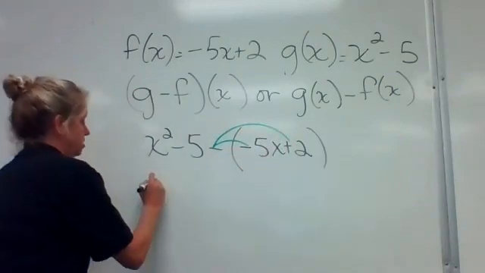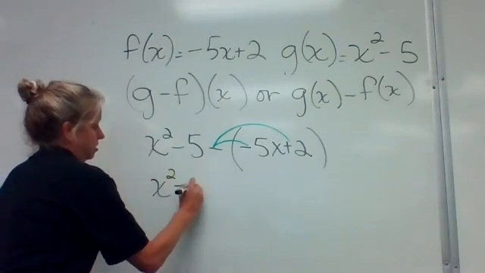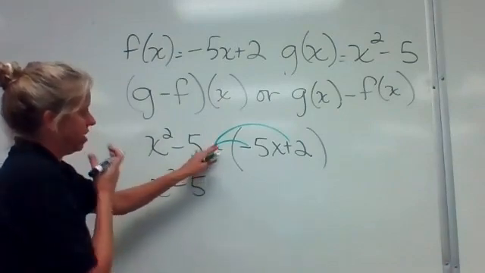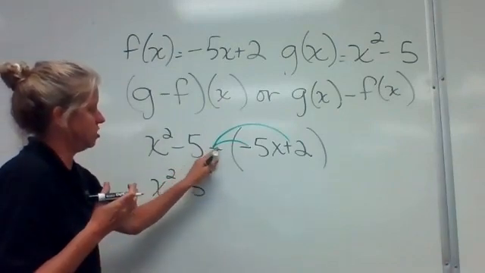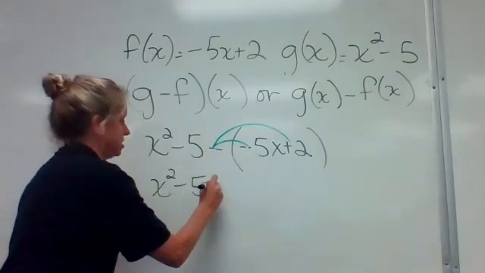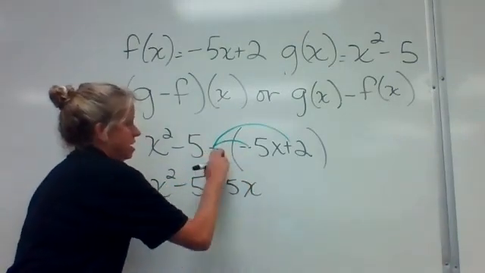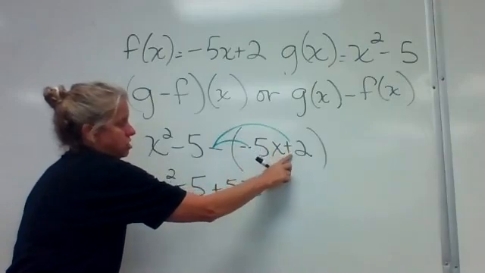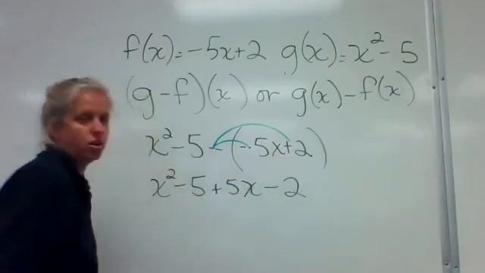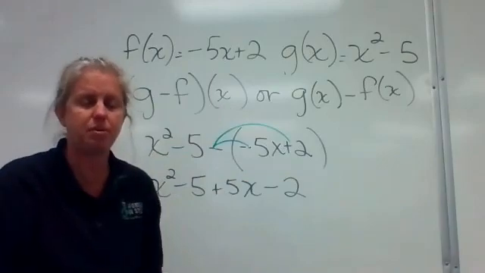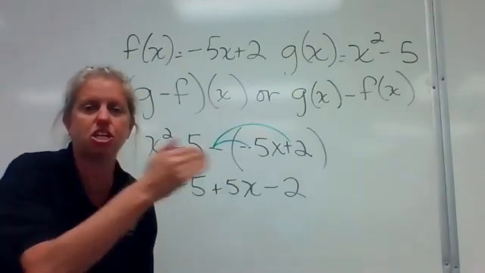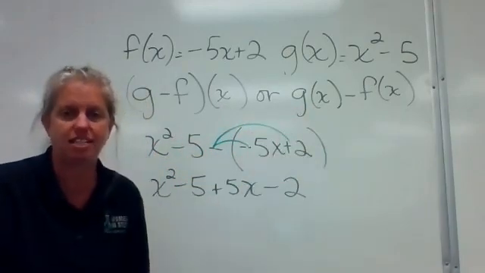So I'll just bring this down, x squared minus 5. I distribute this one, it's going to turn that into a positive 5x. And then it distributes here and turns that into a minus 2. Because when you distribute a negative through a parentheses, it's just going to go through there and change all the signs in there.